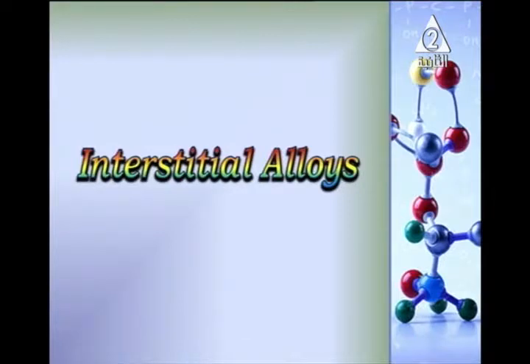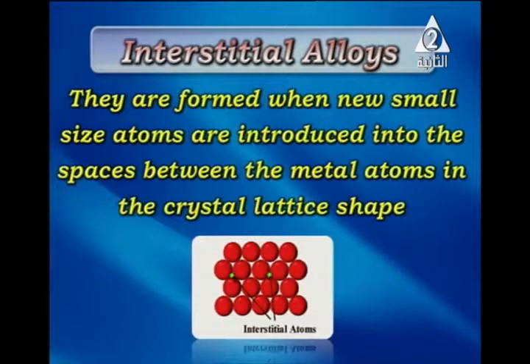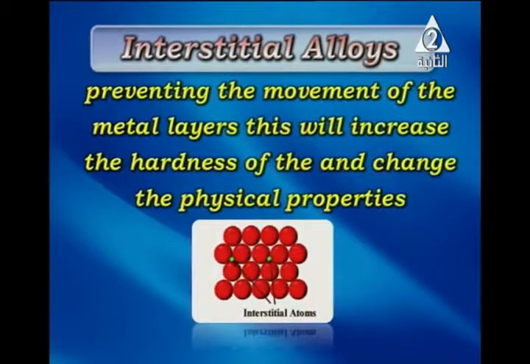The first type is interstitial alloys. In this type, the alloy is formed when new small size atoms are introduced into the spaces between the metal atoms in the crystal lattice shape, preventing the movement of the metal layers.